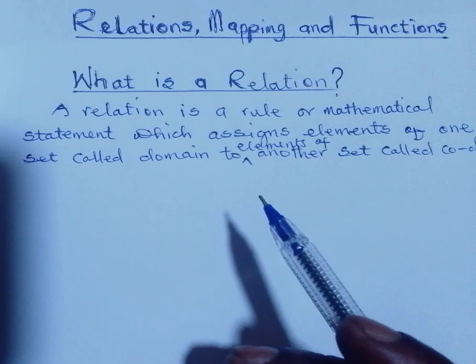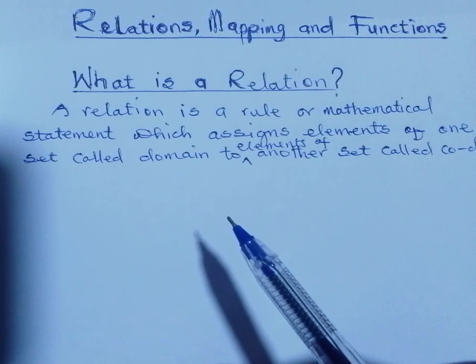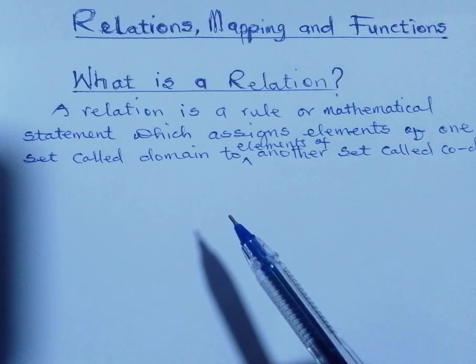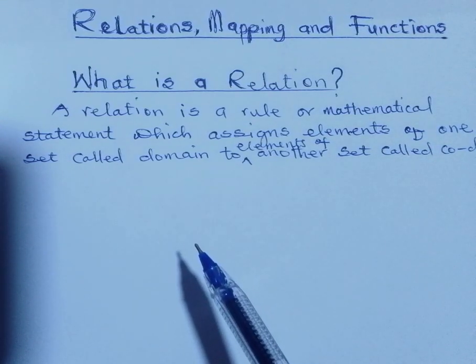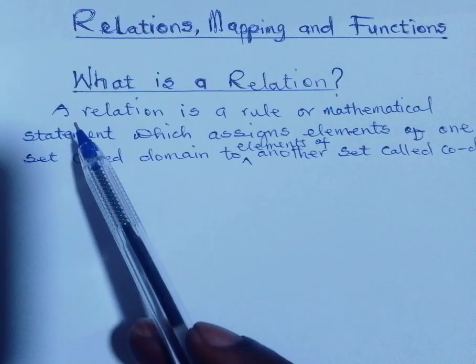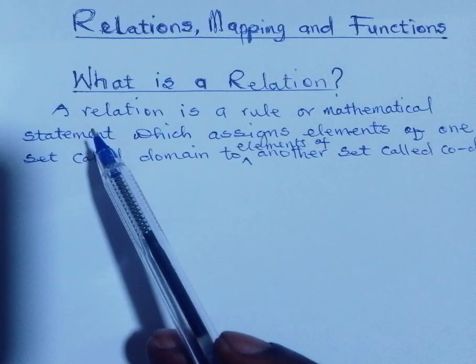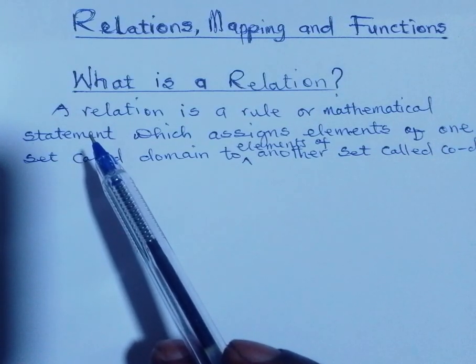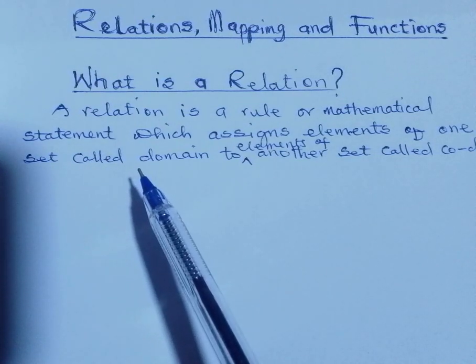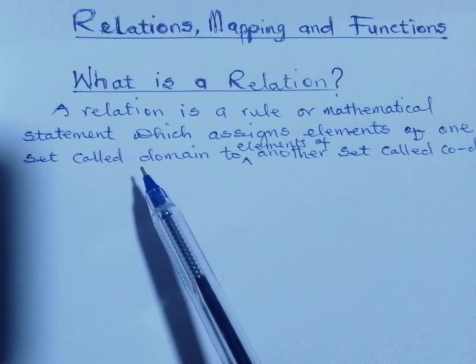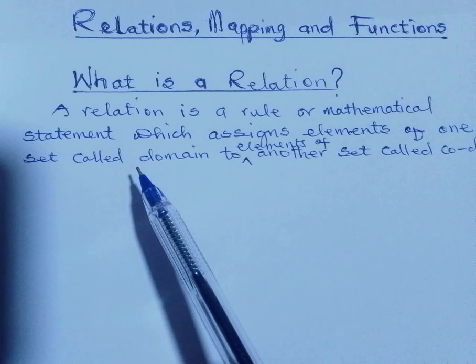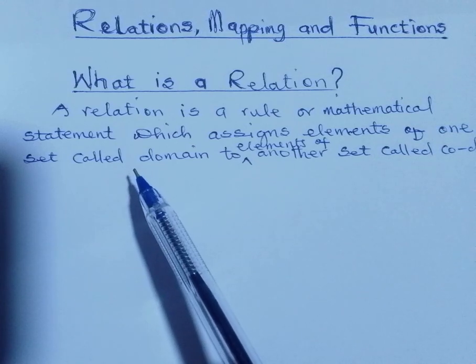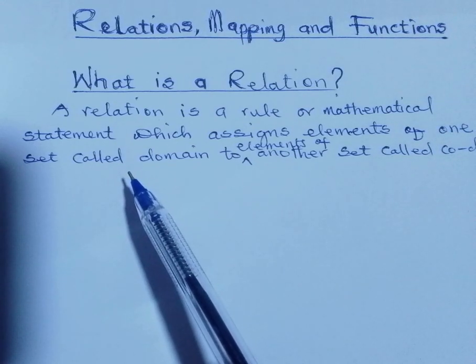Now let's bring it back to the mathematics perspective. When we say relation in mathematics, we are saying that a relation is a rule or mathematical statement which assigns elements of one set called domain to elements of another set called codomain.